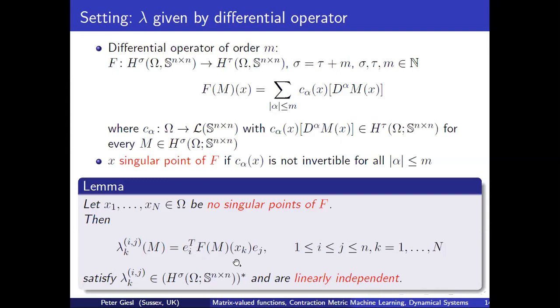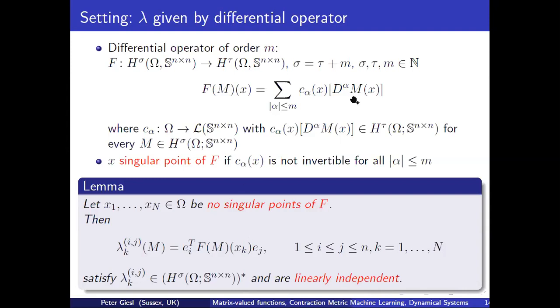Basically we're looking at this differential operator at certain points x_k. And we need to make sure that these points are no singular points to make sure that these lambdas in the end are linearly independent.